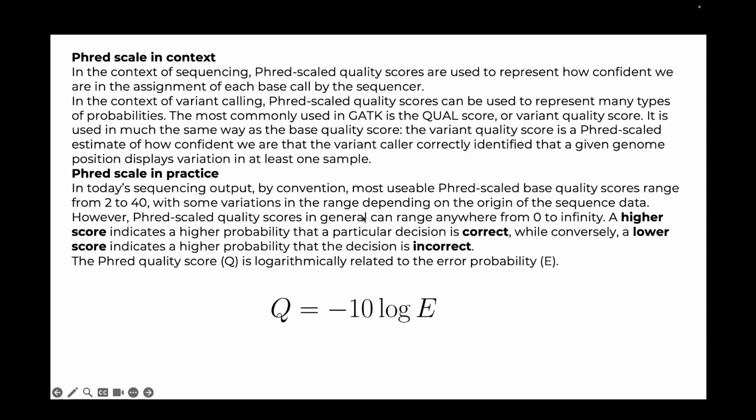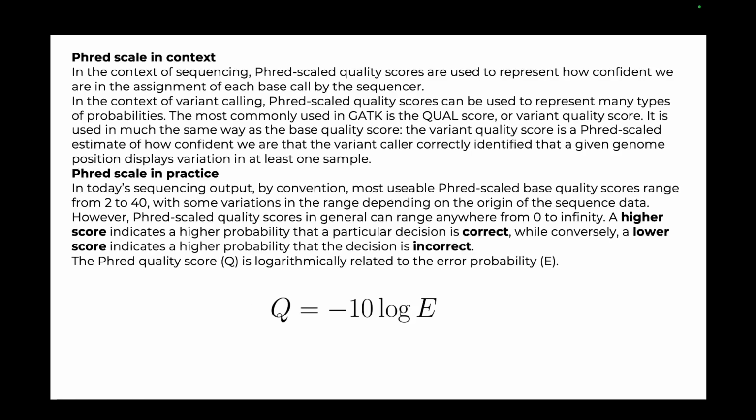So, what is the Phred score? In the context of sequencing, Phred scaled quality scores are used to represent how confident we are in the assignment of each base by the sequencer. E is basically your probability of getting that particular base wrong.